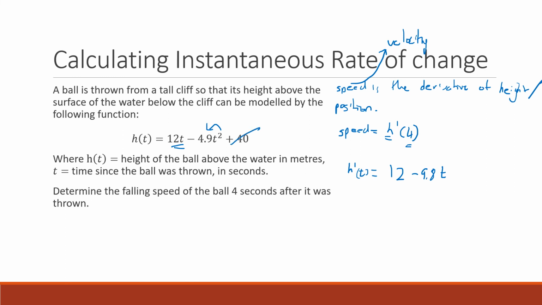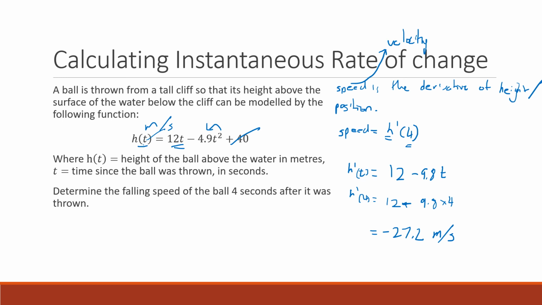So there's our derivative. So h dash 4 is going to be 12 minus 9.8 times 4, which is going to be negative 27.2, and that's going to be meters per second. So that's our rate. h was in meters, t was in seconds, so our rate is meters per second there.